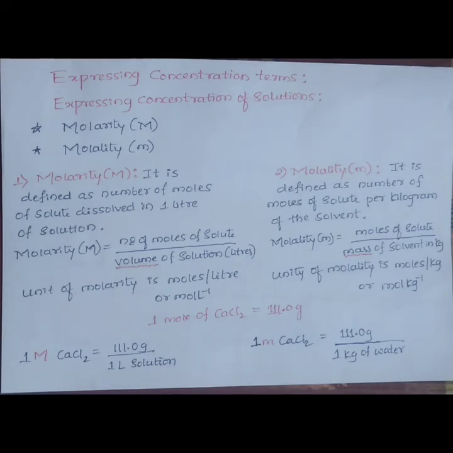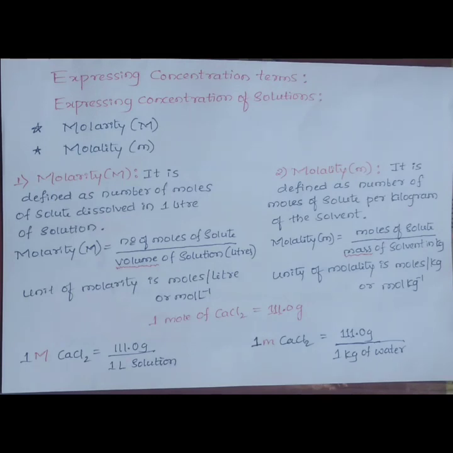So, 111 gram of calcium chloride is dissolved in 1 kg of water, and hence we get a solution of calcium chloride having the concentration 1 molal. This is how we can prepare solutions having different concentrations, whether in the form of molarity or molality, by using the formula.